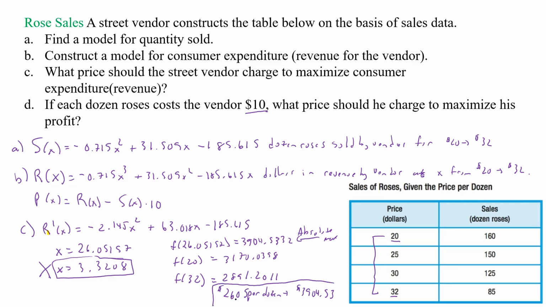So that was in our order point though. And so that would be maximizing the charge for the consumer to get the most money out for the vendor.